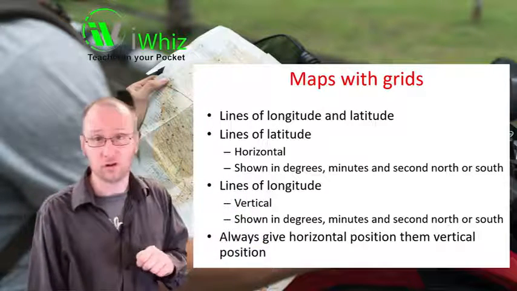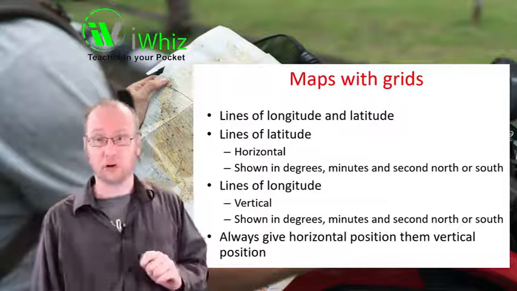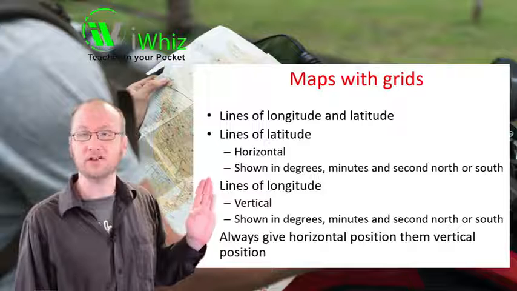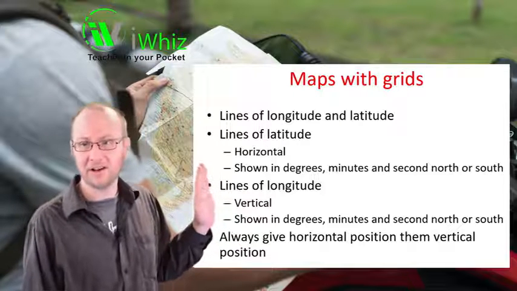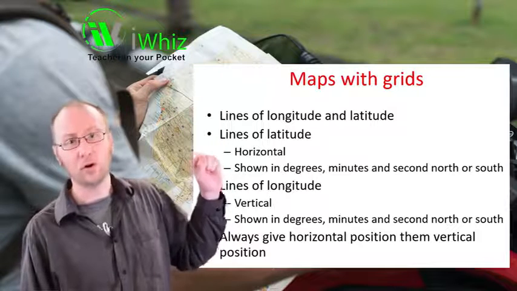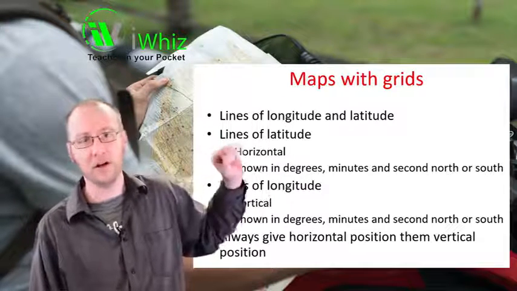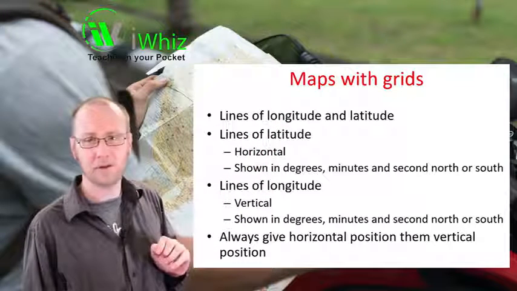Lines of longitude are the vertical lines going across the globe or the map. They are also shown in degrees, minutes, and seconds, but now they are shown as east or west, depending on whether they're east of the Greenwich Meridian or west of the Greenwich Meridian.